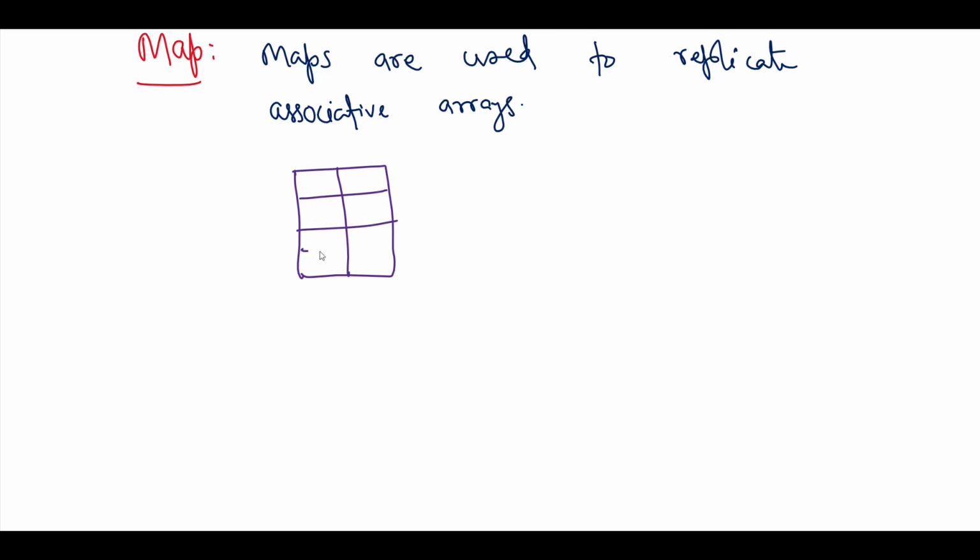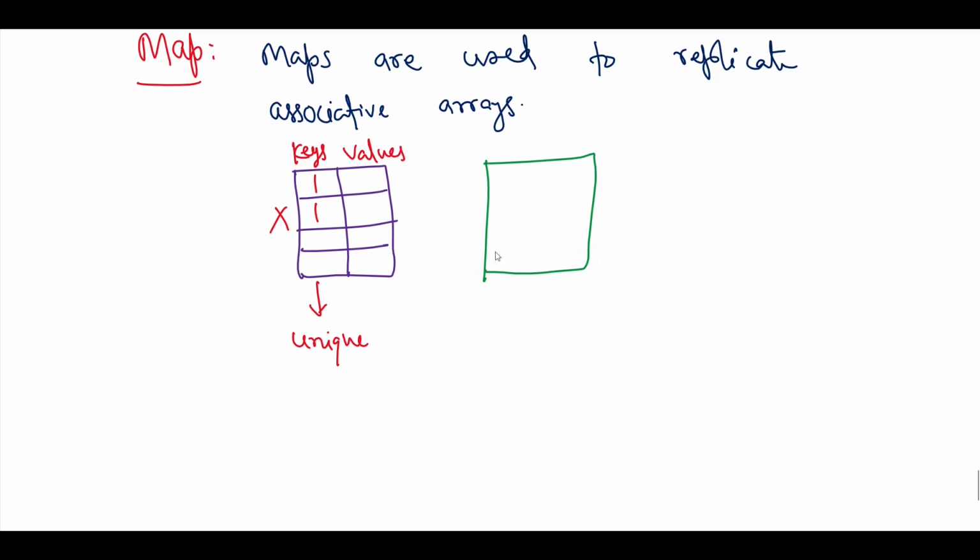In the first column, it will have some key, and in the second part, it will have some values, right? And in this whole set of key value pairs, each key will be unique. So you can't have one key at two places. Suppose you have 1 here, so you can't have 1 here, right? So you need unique keys.